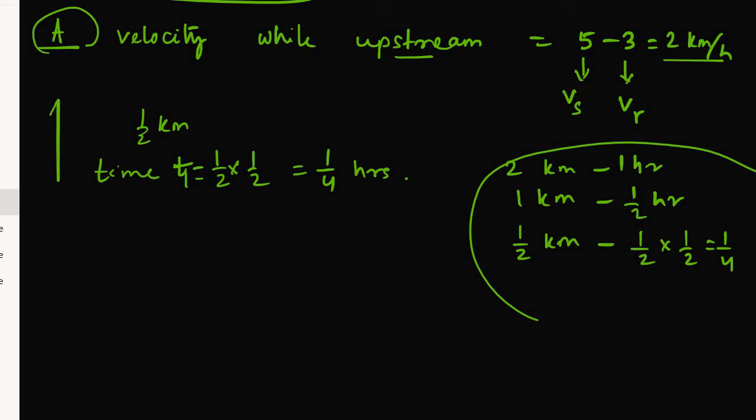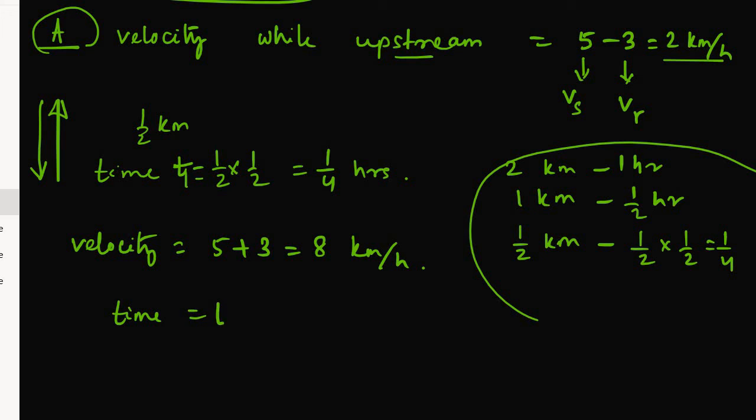Because he is going upstream, then he will come back downstream. Isn't it? So for downstream, the velocity will be 5 plus 3. It will be added up for the same person A. While going upstream it will be 2 km per hour, but while coming back it will be 8 km per hour. So what will be the time taken?